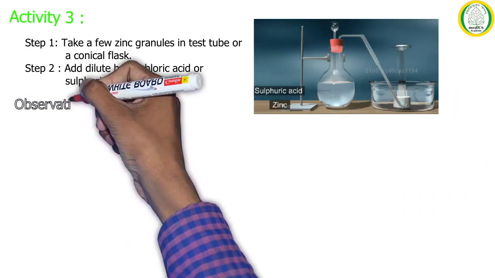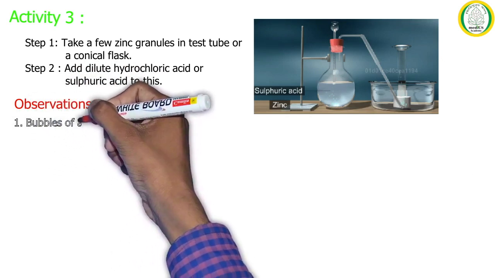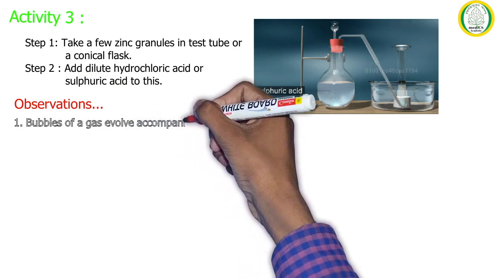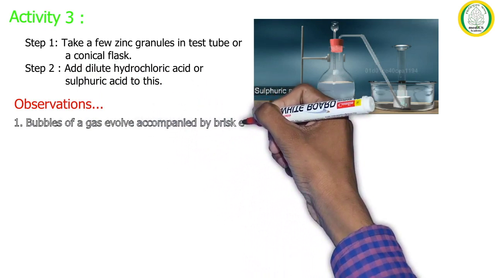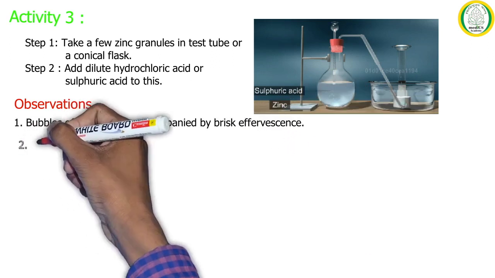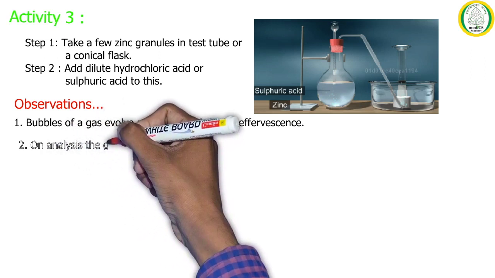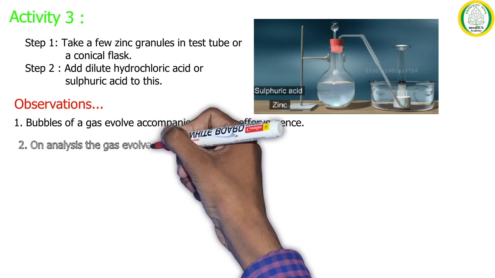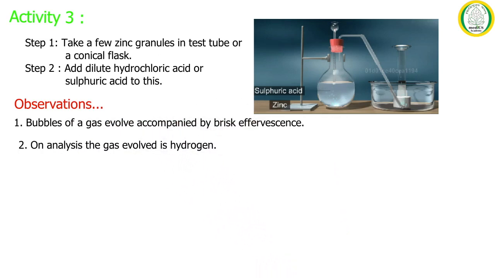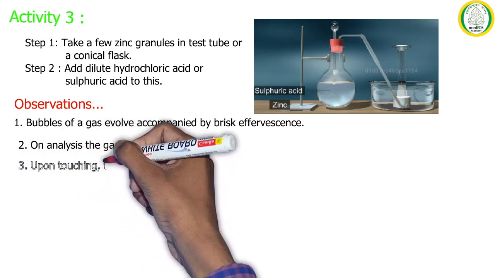On analysis, the gas evolved is hydrogen. We have to check whether it is hydrogen or carbon dioxide, which gas it is, and that is checked by different methods that we will see in later videos. Upon touching, the flask is hot. Based on these observations, we can say the conclusions: the gas evolved is hydrogen, and the solution left is colorless.